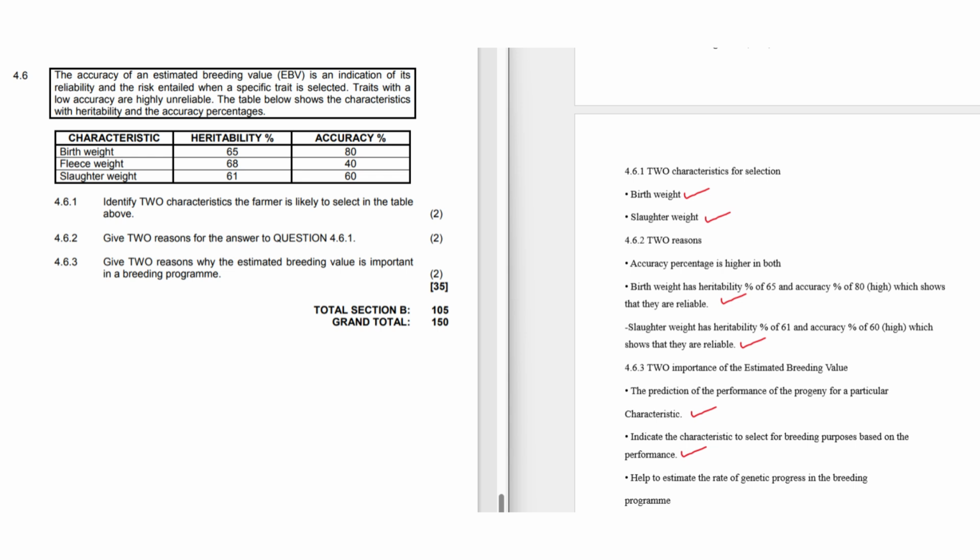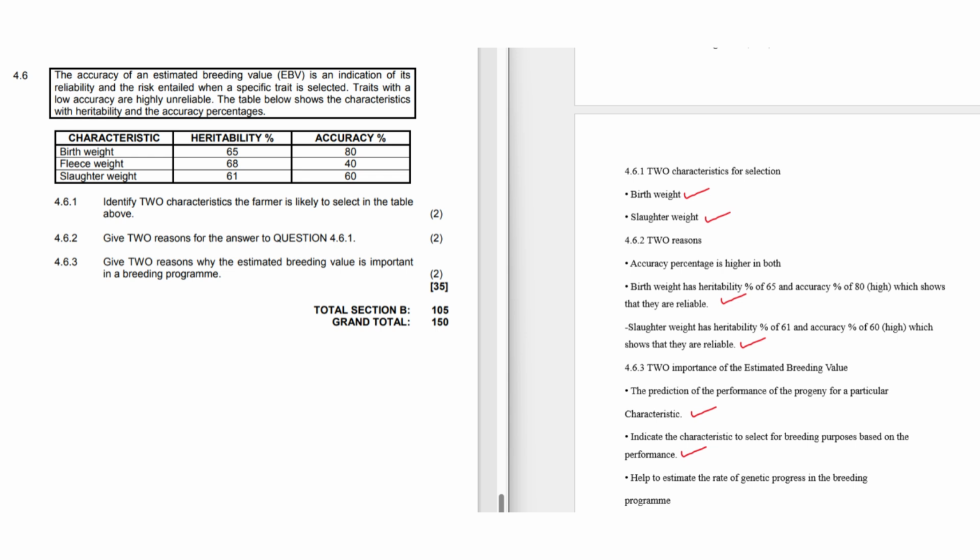The higher it gets, the more reliable it gets. Okay, the more reliable the result. Okay, also the accuracy part of it. So the prediction of the performance of the progeny for a particular characteristic. So it shows how more or less the offspring will be for a specific characteristic.